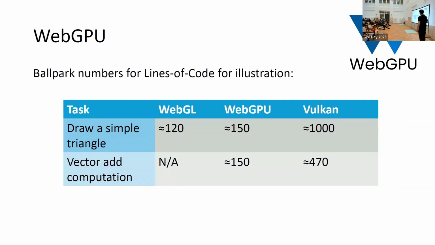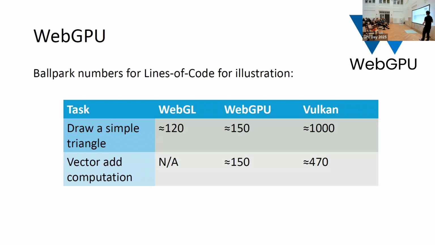So just for illustration, if you want to do some very, very simple things, drawing a simple triangle on the screen, in Vulkan, you need to type out roughly 1,000 lines of code, so it's quite demanding. In WebGL, it's a little bit over 100 lines, and WebGPU is comparable in the amount of lines of code that you need to write. You cannot do arbitrary computation in WebGL, as I mentioned, but you can in WebGPU, and it's not much more complicated.